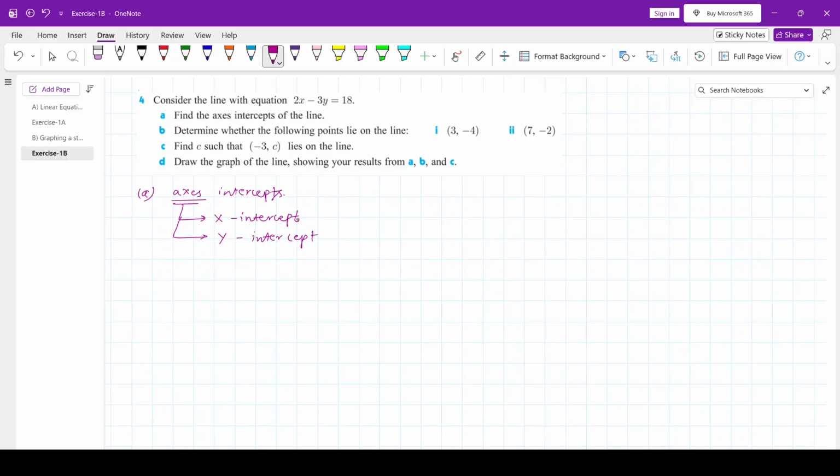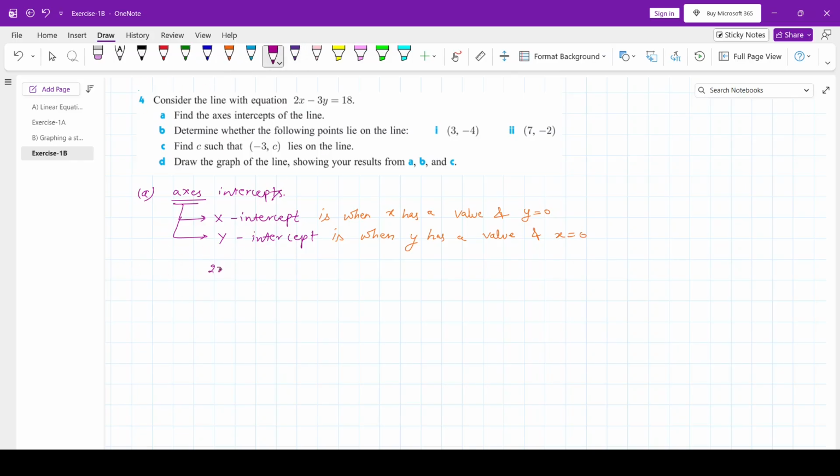So we can say x-intercept is when x has a value and y is equal to 0. Similarly, y-intercept is when y has a value and x is equal to 0.